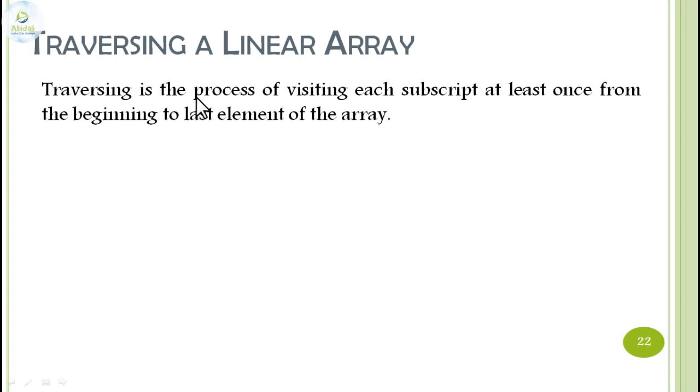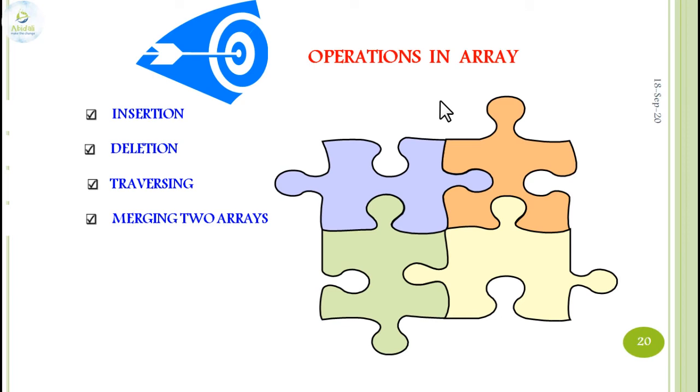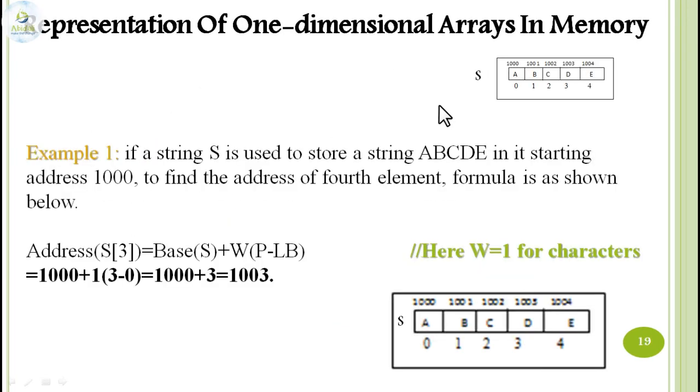Now what exactly the traversing we defined as? We defined the traversing as the process of visiting each subscript, that is each element, because the element is positioned or represented by the subscript. What do you mean by subscript? The square brackets that you see, okay, when you write a of 0, let us take the example. So a of 0 when I write, okay, I will write using subscripts here, s of 3.